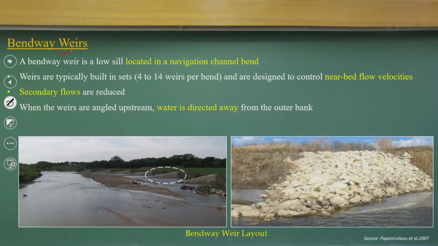You can see these bandal-way weirs, for which the US Association of Civil Engineers has prepared guidelines, with dumping of this with a slope in a bend. The idea is that, located in the navigation channel bend, the weirs are typically built with 4 to 14 weirs per bend, and designed to control the near bed flow velocity, which reduces the secondary flow, and water is directed away from the outer banks. That is what happens.